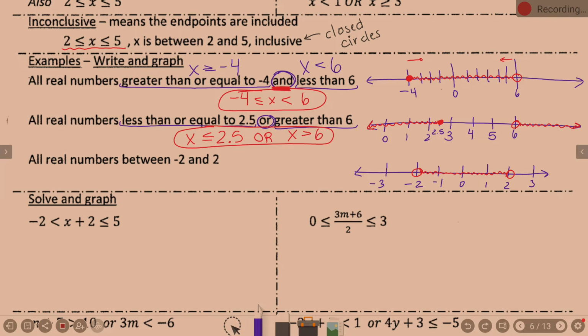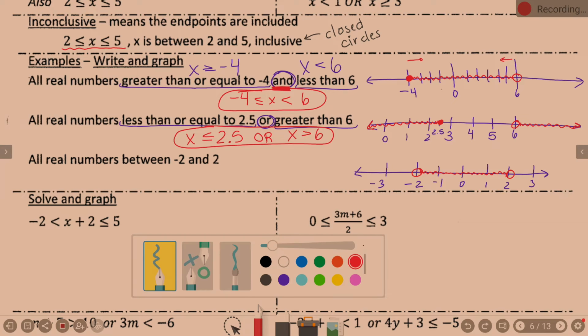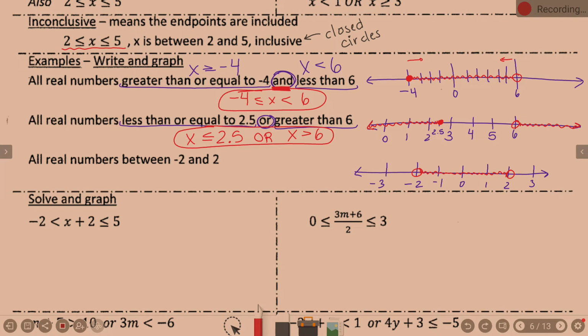As we write this, it is going to look like the first one. See, in the first one the shading was between -4 and 6. In this one my shading was between -2 and 2. So when my shading is between them, put x in the middle, bigger number at the right, smaller number at the left.